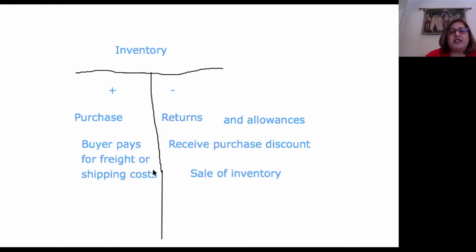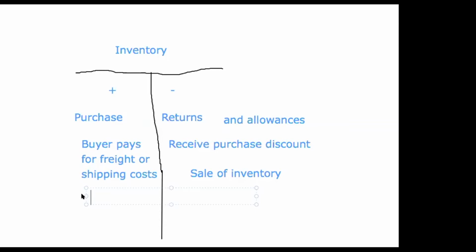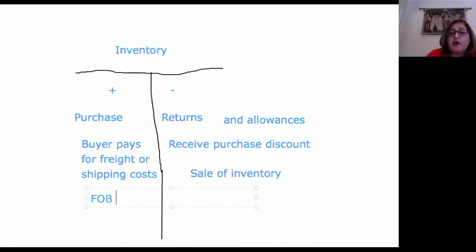So what would be the shipping terms if we're paying for the freight as a buyer? Do you guys remember what would be the shipping term? Actually, FOB shipping. If the contract asks for FOB shipping, then the buyer has to pay for the freight.